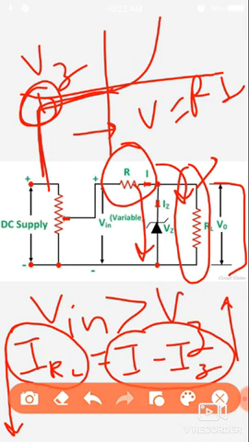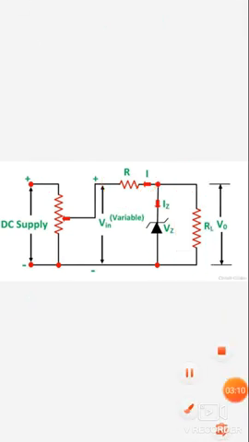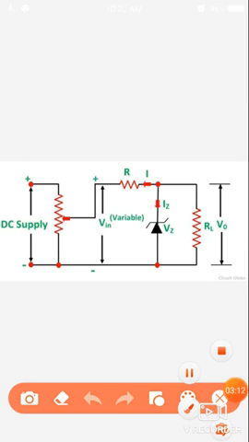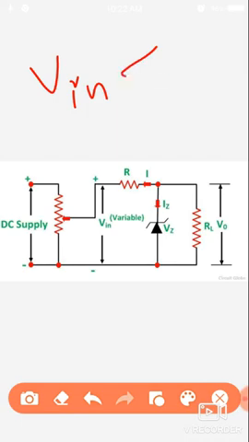Whenever the input voltage Vin is less than Vz, what will happen in this condition?